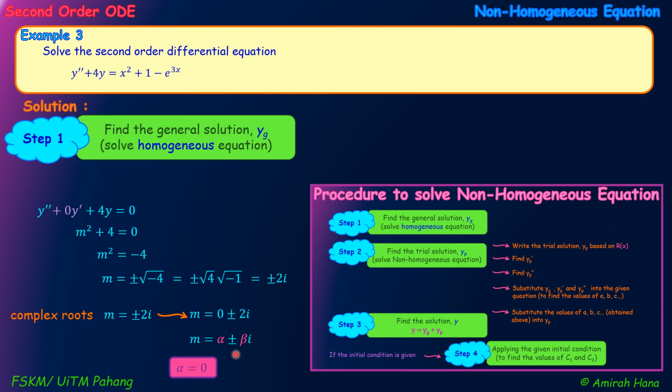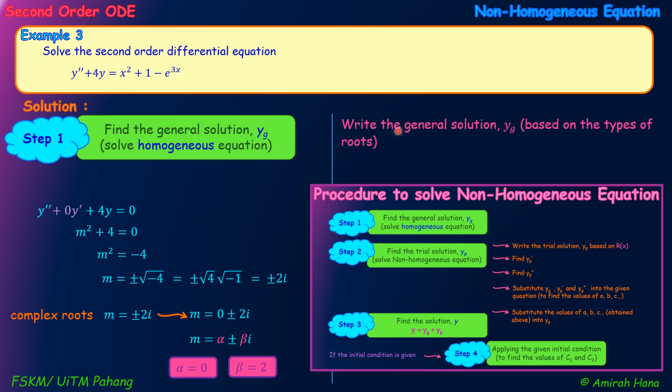When we compare, we get alpha equals 0 and beta equals 2. If we get complex roots, we need to find the values of alpha and beta to substitute into the formula.